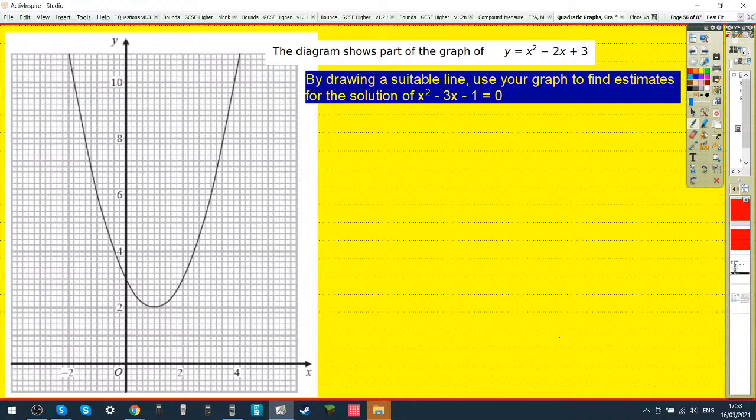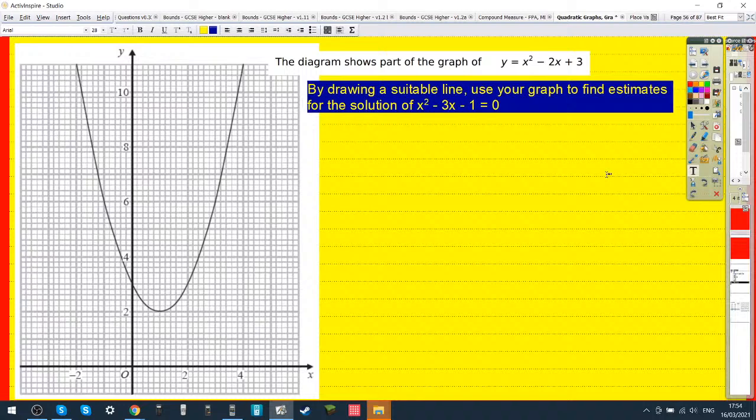Okay, how about this one? So you have to compare the graphs. So we have the equation to solve, take away the equation of the graph. No, sorry. Other way around.